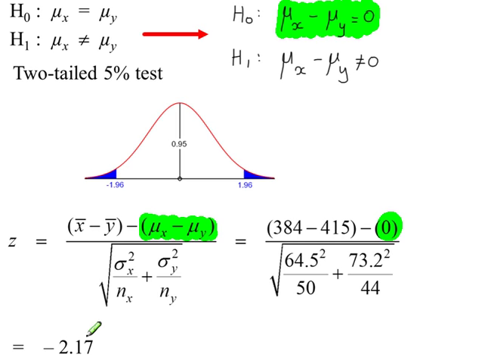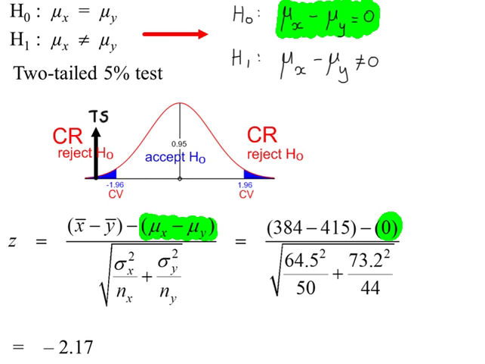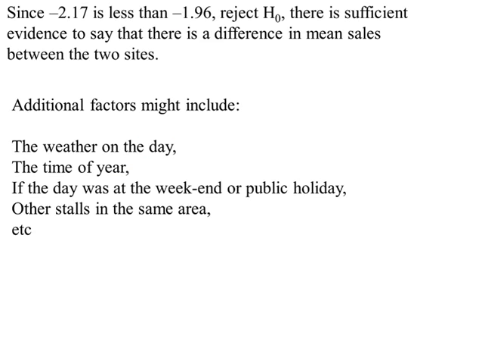So our test statistic is minus 2.17, and minus 2.17 is in the rejection region. So our test conclusion in context. And these are the additional factors.